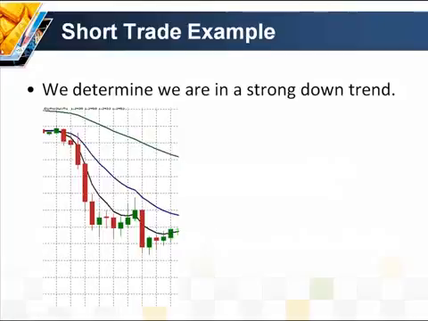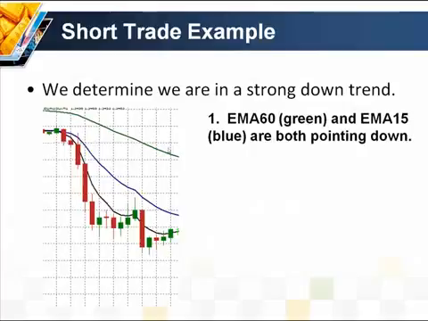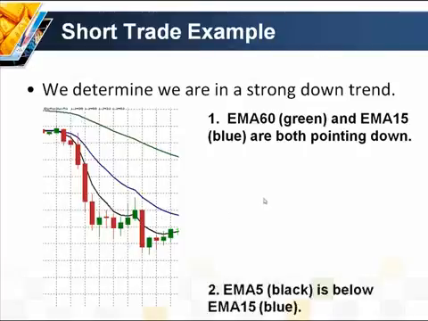Just to show you here with an example, our first step when we're entering a short trade is we need to determine that we are in a strong downtrend. To do that, as I said, we use 3 different criteria. First of all, looking on our charts and the colors of our lines, the EMA 60 is the green line, the EMA 15 is the blue line, and those both need to be pointing downward for us to meet the first criteria.